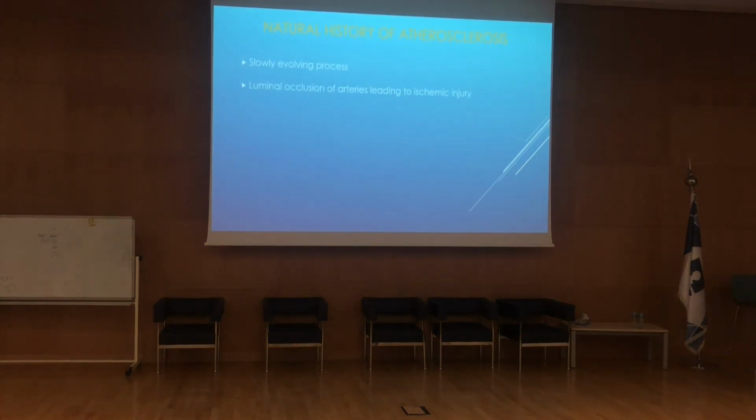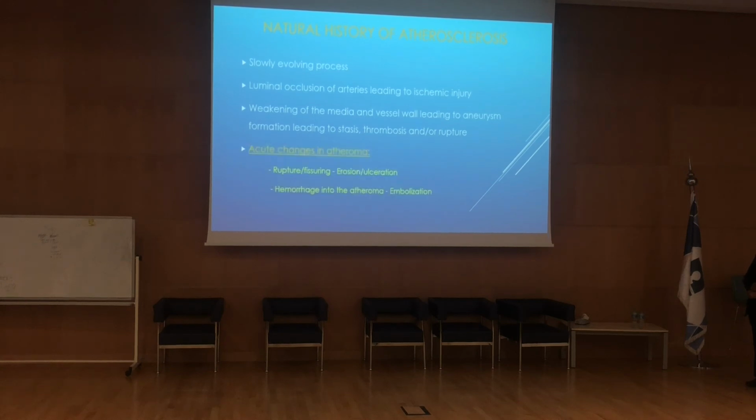So what happens then? Natural history of atherosclerosis. It's a slow evolving process. It usually takes decades to develop a well-formed big atheroma. Luminal occlusion of the artery leads to ischemic injury, we all know. Weakening of the media and the vessel wall leads to aneurysm formation, as I told you, leading to stasis, thrombosis or rupture. If the vessel wall of the aneurysmal vessel is so weak, it can rupture.